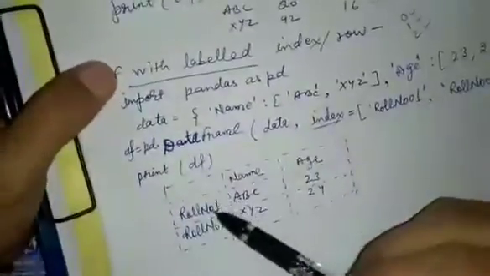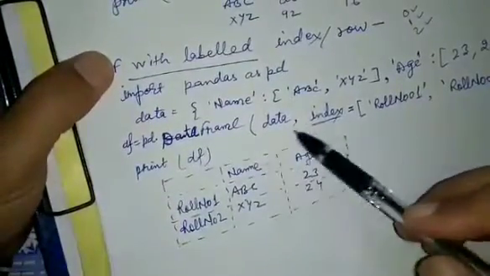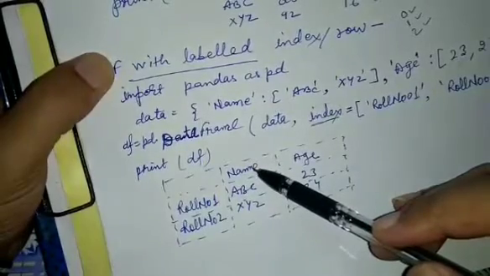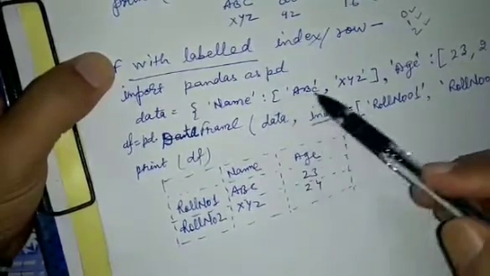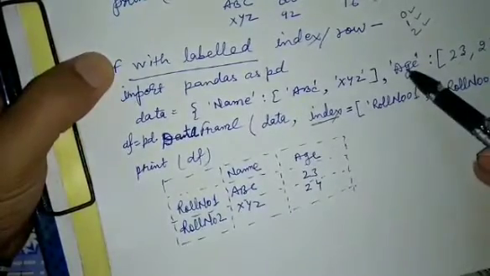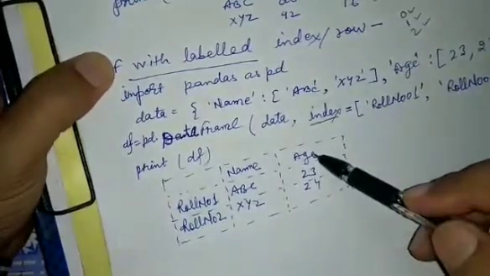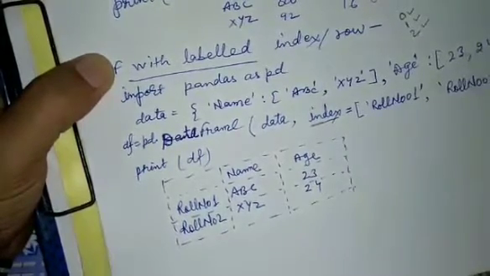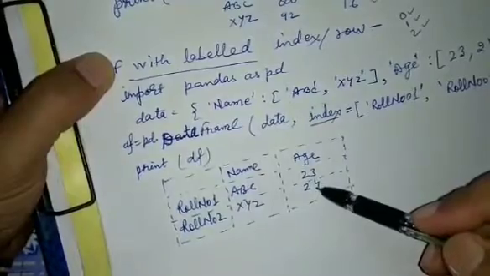Now print this df. You will notice that name will be taken as the column name and its values as the column values. Similarly, the second key is used as the column heading age and its values will be the column values.